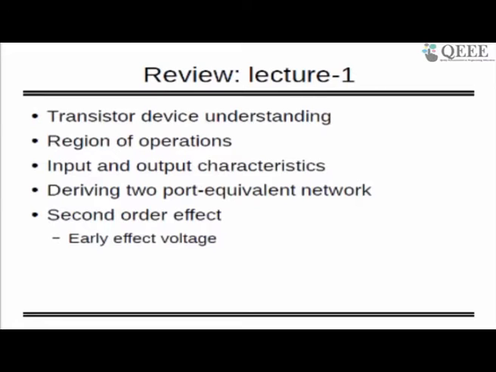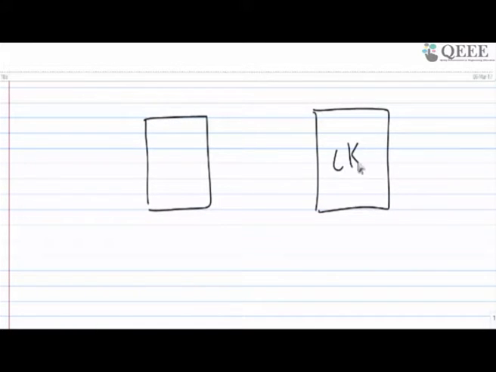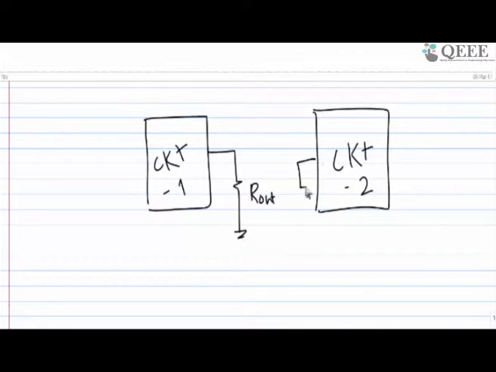Input and output impedance are very important, because there should not be any loading if you are connecting two circuits. So one should know what quantities they are going to connect to one another. What I mean to say is that if you have one circuit here and one circuit here, this will have some output resistance and this will have some input resistance.